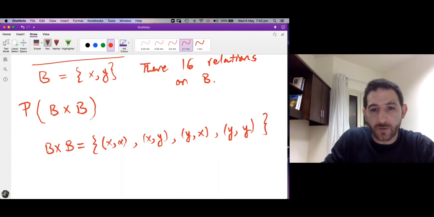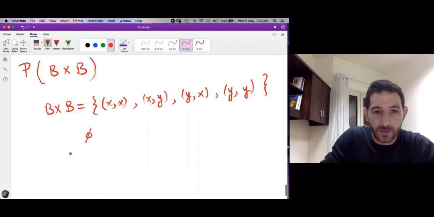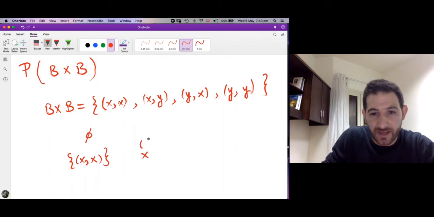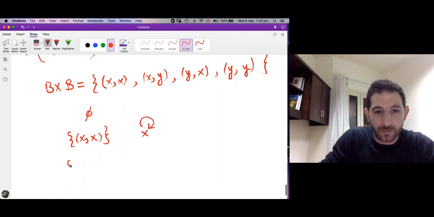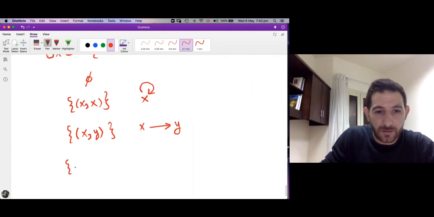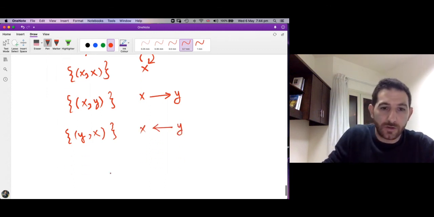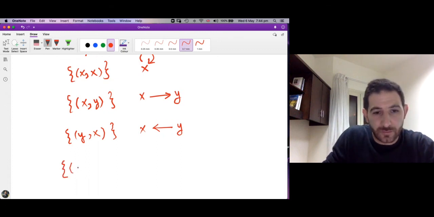Now you need to figure out the power set of this set. So you have the empty set, which is the first relation, or the set containing just one pair, which can be represented by X related to itself, or XY, meaning X is related to Y, or the pair YX, meaning Y is related to X. Here's another relation: XX, XY, and YX.